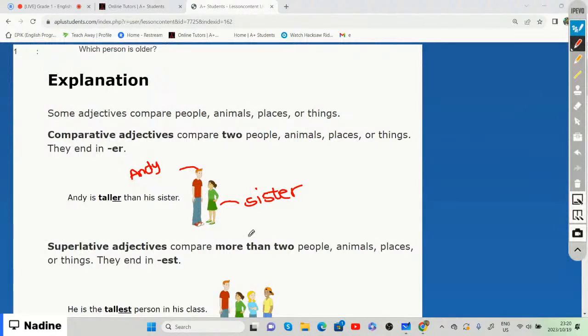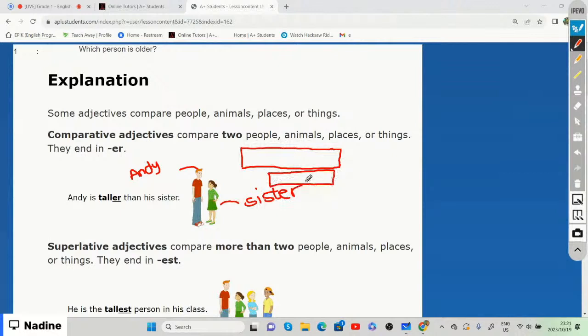If we were to compare maybe rulers, say we have one ruler, and then we have another ruler.